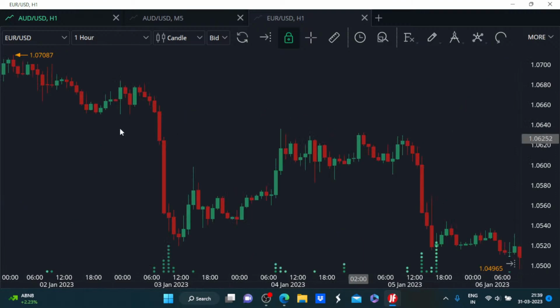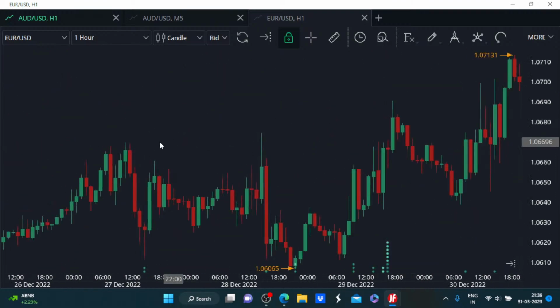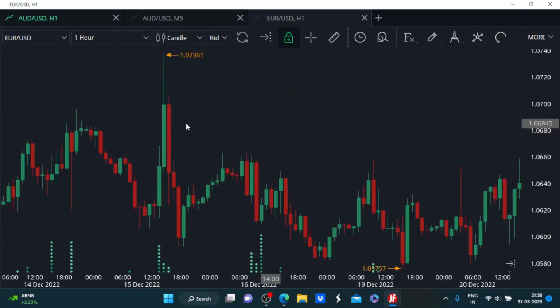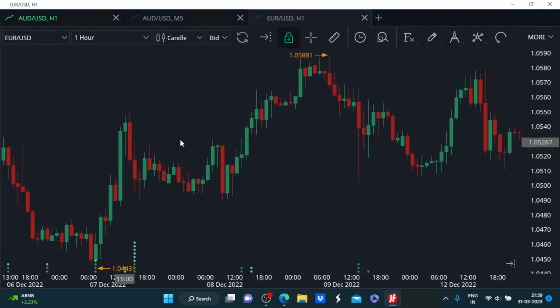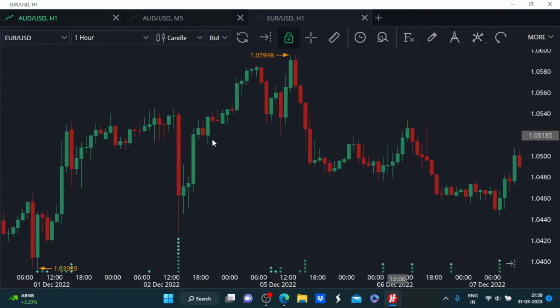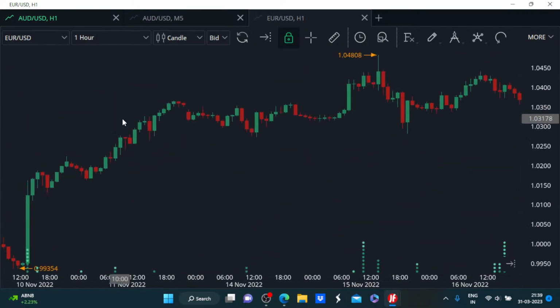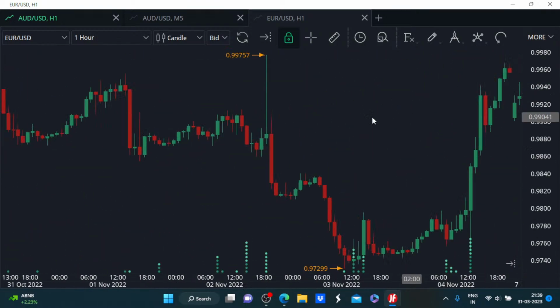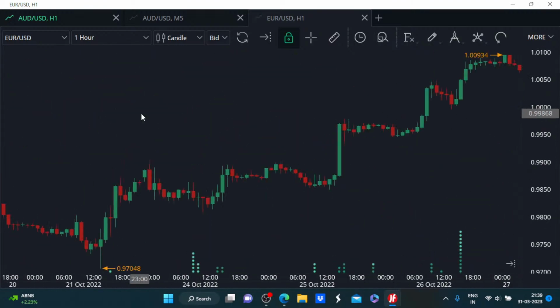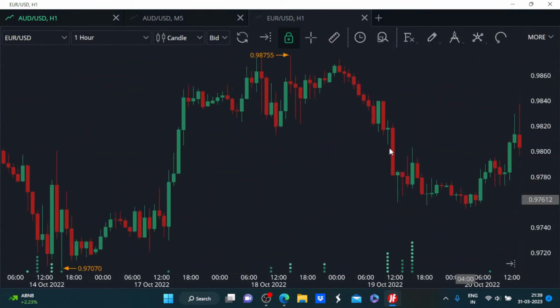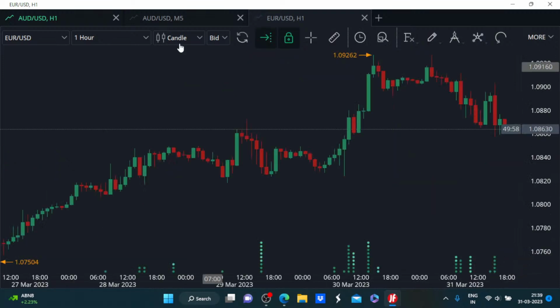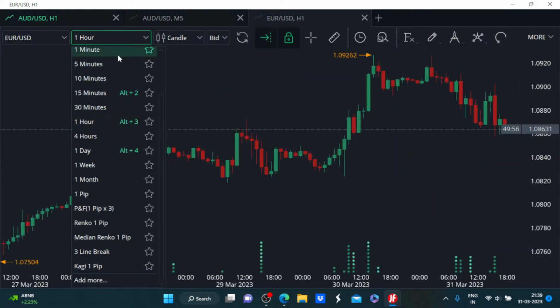It looks like there was no reversal of that kind, head and shoulders. No, we are back in December of last year. Still, I think I will have to change the time frame. Let's try a different time frame, maybe 5 minutes.